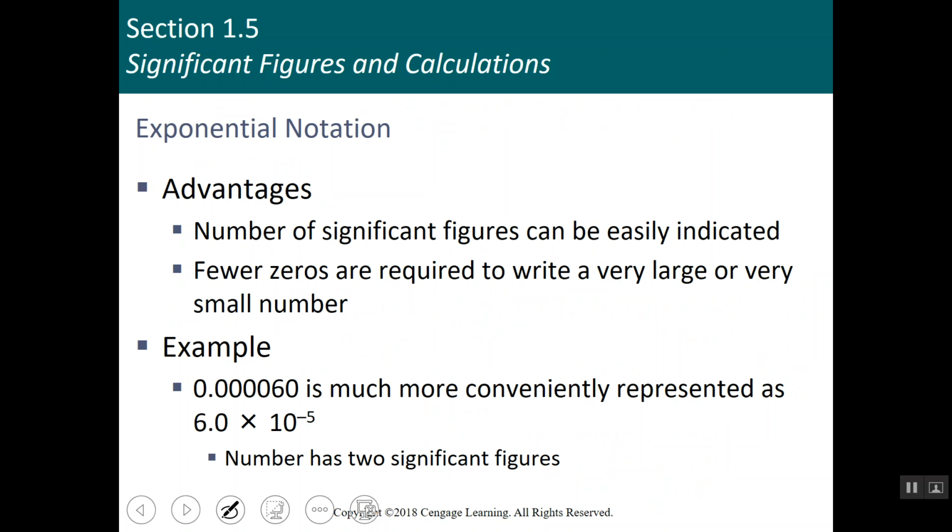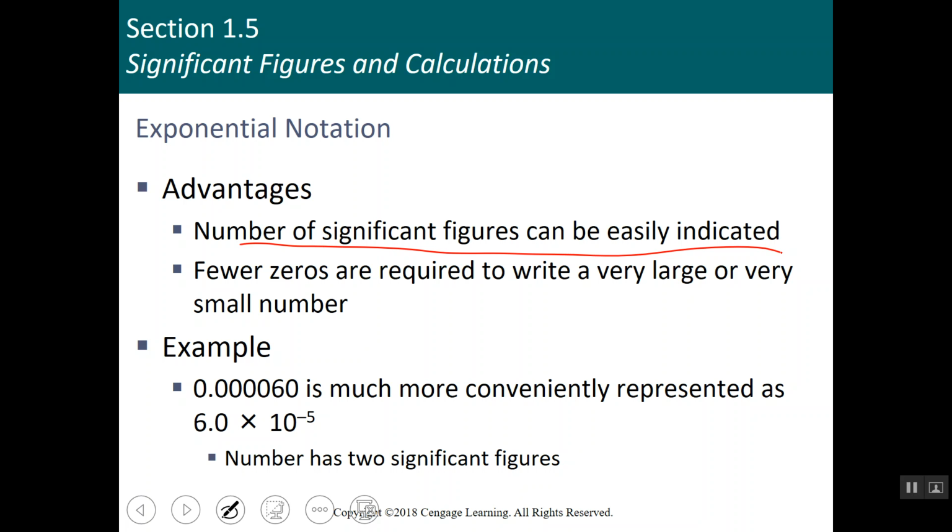The advantage of using exponential notation, as I just mentioned, is that we can determine those significant figures very easily. And in science, sometimes we deal with very large numbers, sometimes very small numbers, and fewer digits are needed to write a very large or very small number.